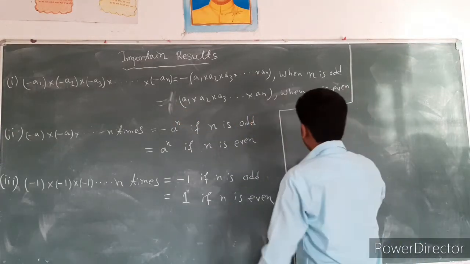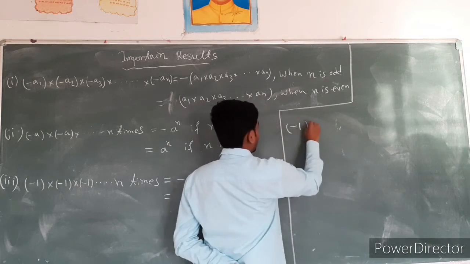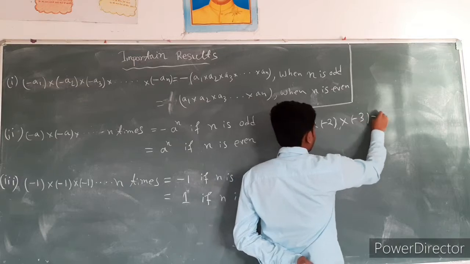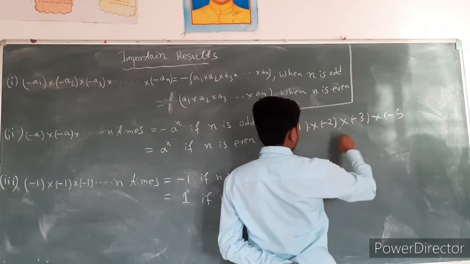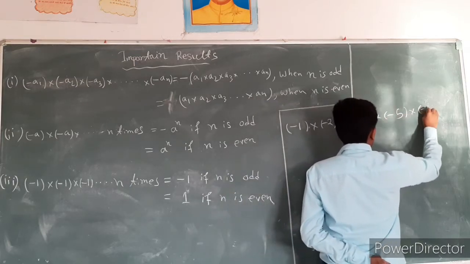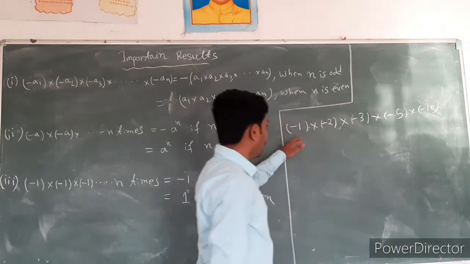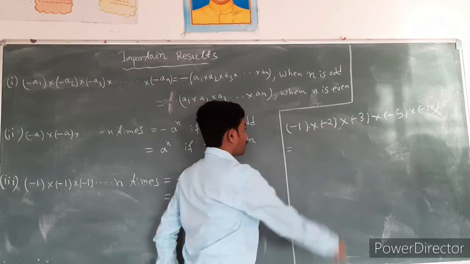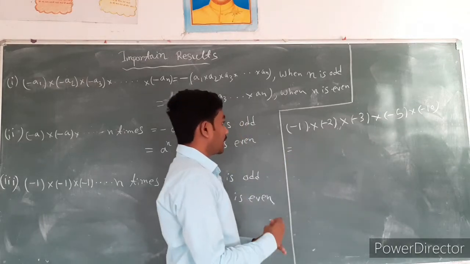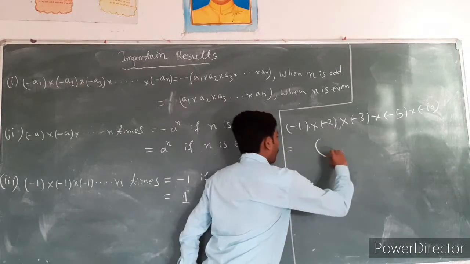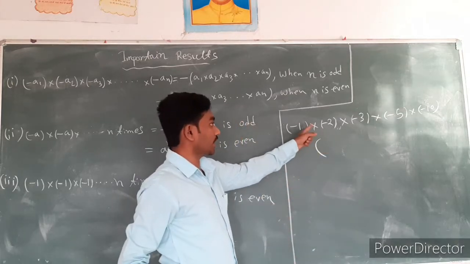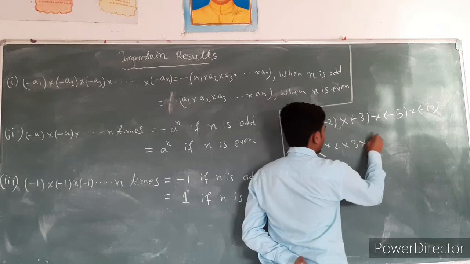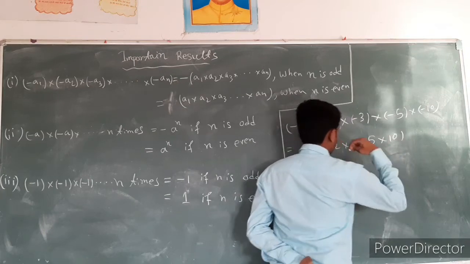For example, suppose minus 1 into minus 2 into minus 3 into minus 5 into minus 10. So all the integers are negative integers. First we multiply all the values excluding the sign, that is 1 into 2 into 3 into 5 into 10.